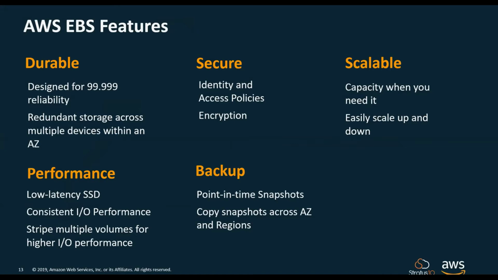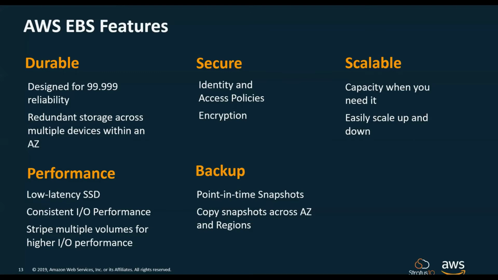You can also attach IAM, identity and access policies to it to determine who can access it. It is also scalable to what you need. You can easily change the size of your EBS volume, from the CLI or from the AWS console.